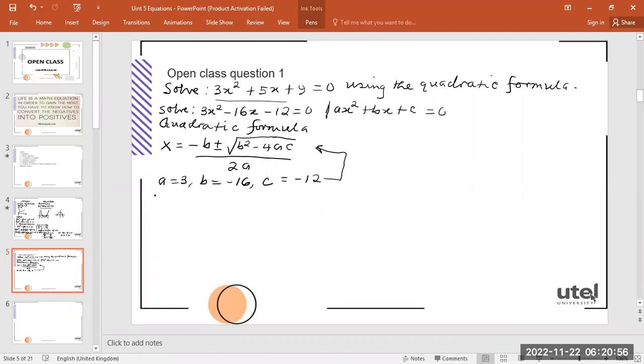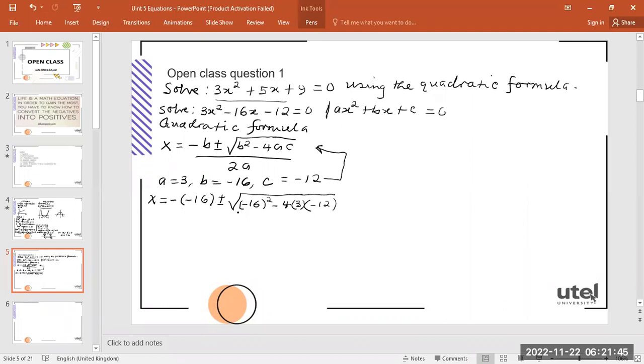And this is how it goes. You simply have x is equal to minus b, but our b is minus 16, so we are going to have minus minus 16, plus or minus the square root of b squared, which is minus 16 squared, minus 4 multiplied by a, and our a is 3, multiplied by c, and our c is minus 12.